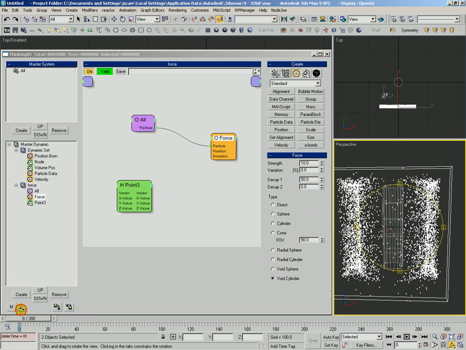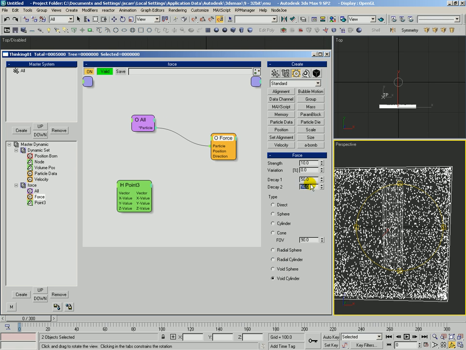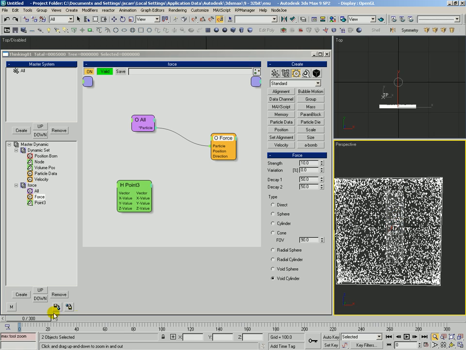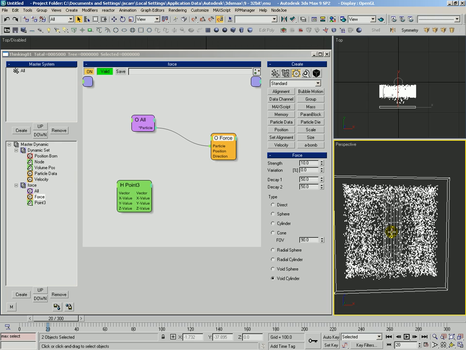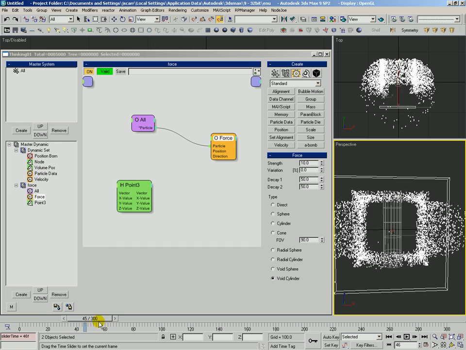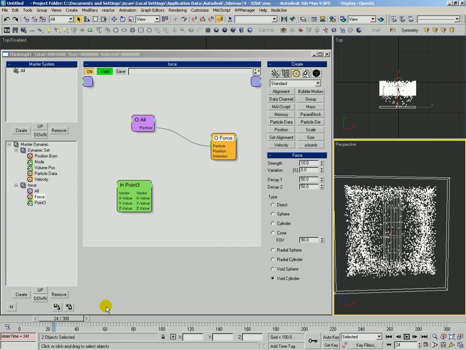So if we set that maybe to 50 high, what will happen is it fades the void effect along the height of this cylinder and pushes them out that way. It doesn't quite wrap around the whole top. That effect fades out as we get higher up.